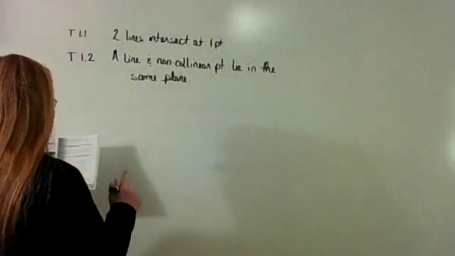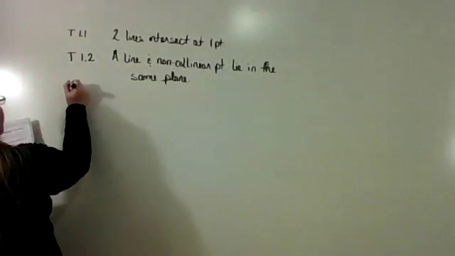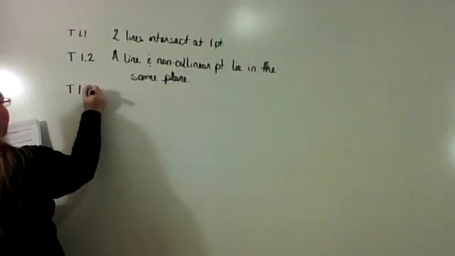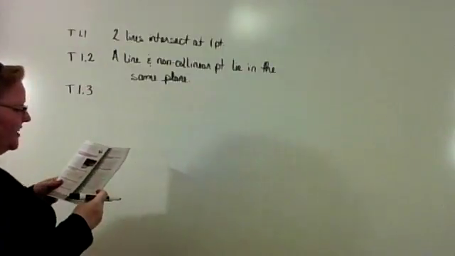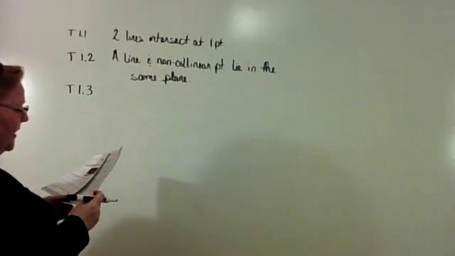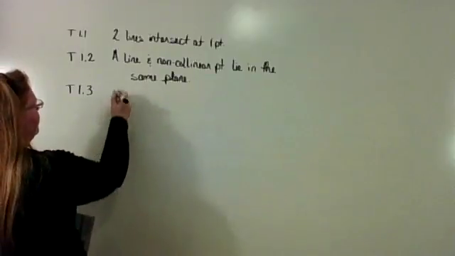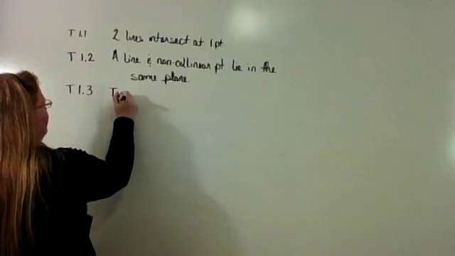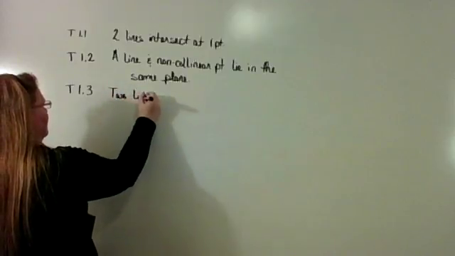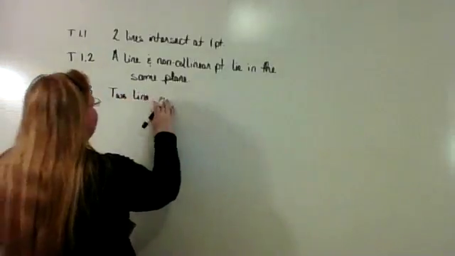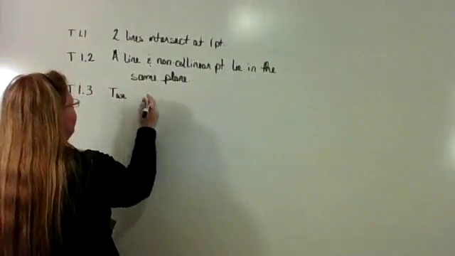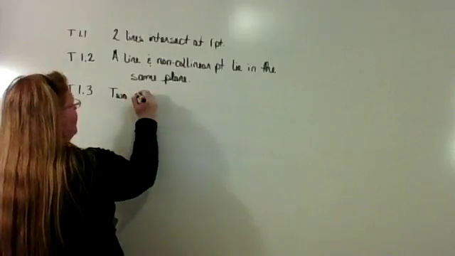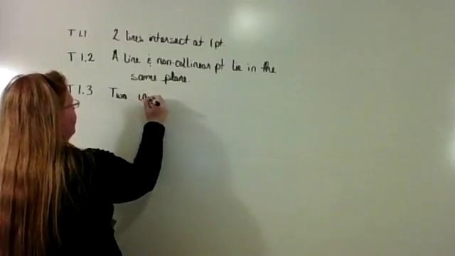Okay. Theorem 1.3. If two distinct lines intersect, then they lie in exactly one plane. I'm going to make that intersecting lines. Crossing, now use intersecting.